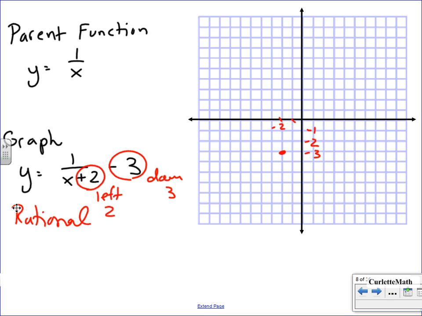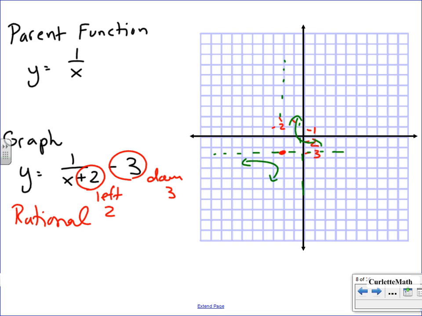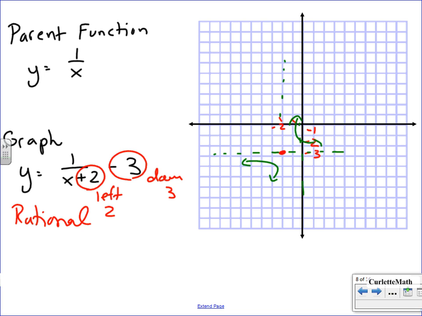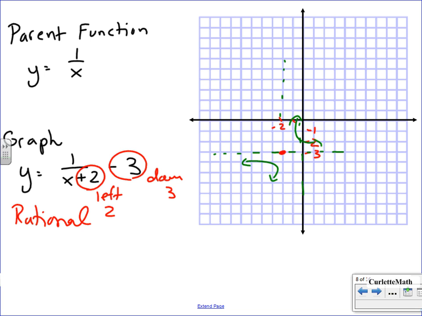Now here, remember, when we talk about a fraction, it makes a vertical asymptote, a horizontal asymptote, and it has boomerangs in opposite quadrants. So what we're going to do is take this entire function and move our asymptotes to the left 2 and down 3. So we have our asymptote that goes through here now.